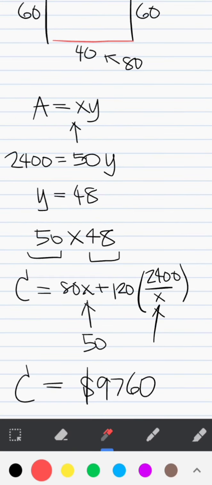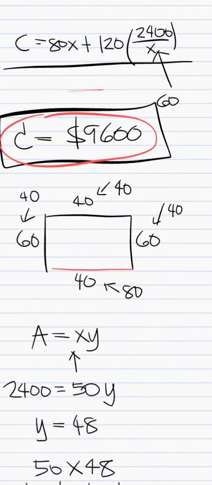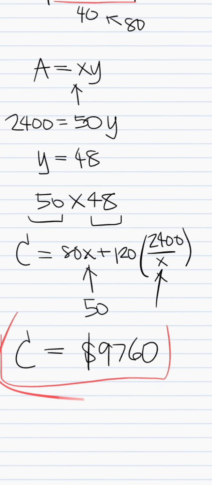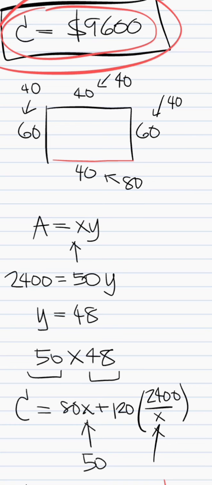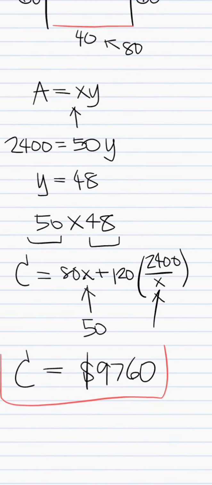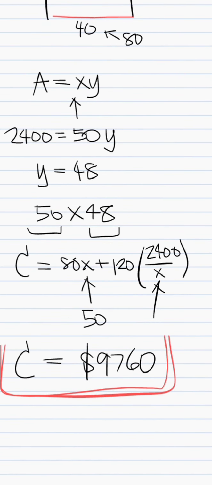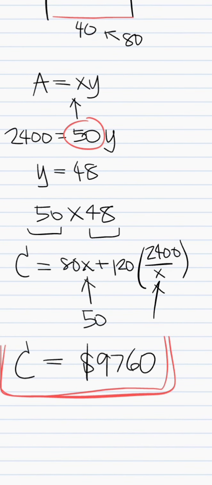You can see this is bigger than what we got. So this value is more expensive than this one. Our first answer is only 9,600, while our new value when x is 50 is 9,760, right? So it is not minimum. So 50 will not give you the minimum cost.